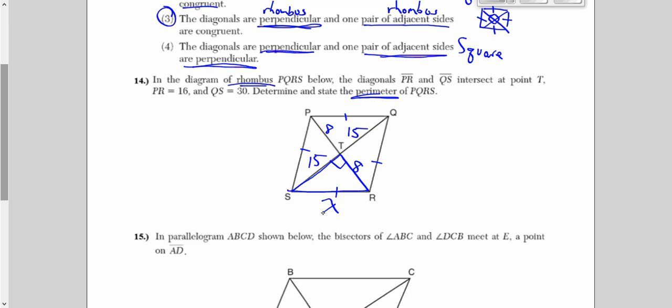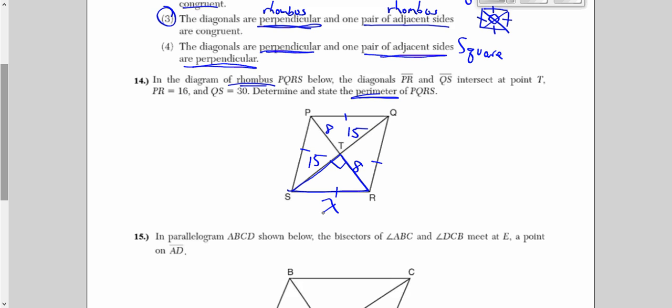Let's find that. What are we going to use? And if you don't know a triple, Pythagorean theorem, right? What's the triple? Well, the whole thing is an 8, 15, 17 right triangle, right? So you remember that. If you don't remember it, you've got to.